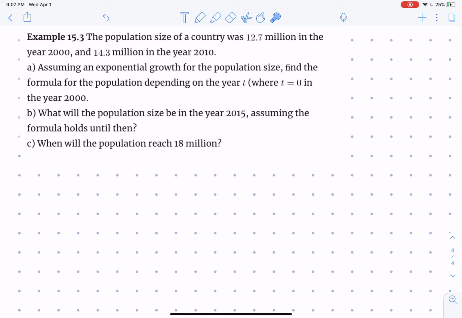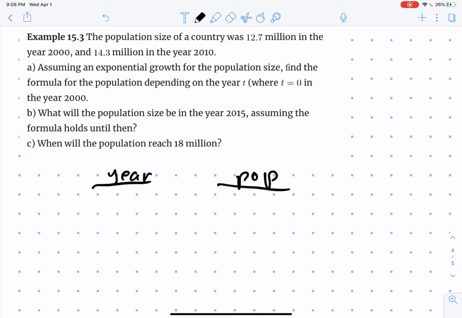Here we're talking about the population size of a country, which was 12.7 million in the year 2000, and 14.3 million in the year 2010. So just to record these, this is the year, and this is the population.